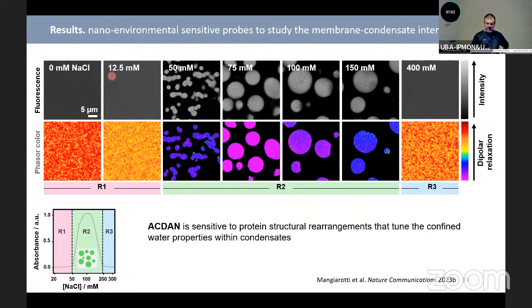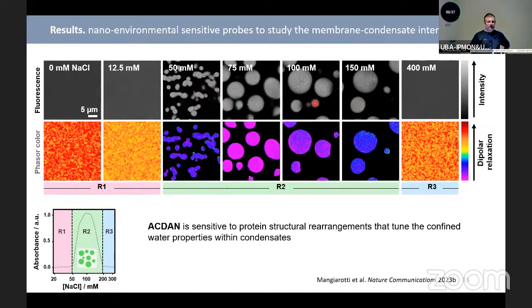So the first result that I want to show you is that we already knew that if we change the concentration of sodium chloride over a long range, from 0 to 400 millimolar, the protein will behave differently. In a certain range, we will have liquid-liquid phase separation. As you can see here, from 50 to 200, as described before, there was formation of condensates.